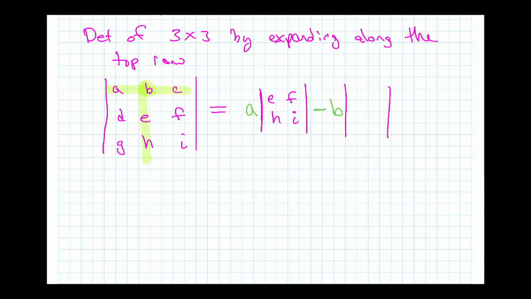Then if you cross out that row and column that the B comes in, you have D, F, G, I left. The E and the H are gone. D, F, G, I.